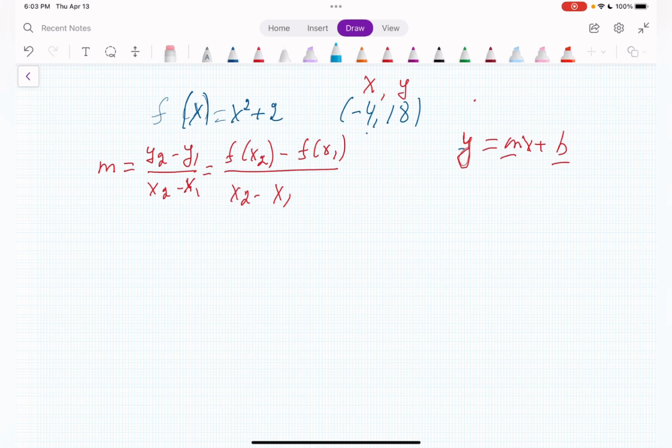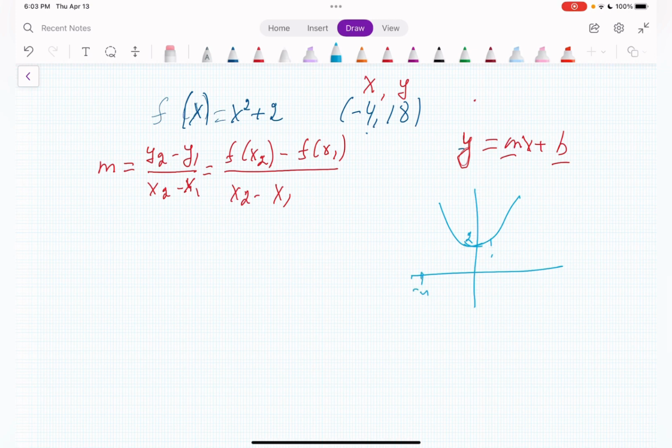Very easy. Let's say we have this parabola, x squared plus 2, for example. This is plus 2, obviously, but it's not important. We need to find the slope at the point -4.